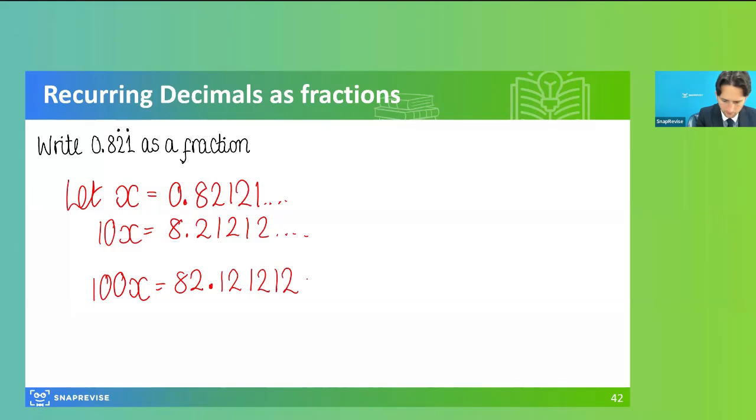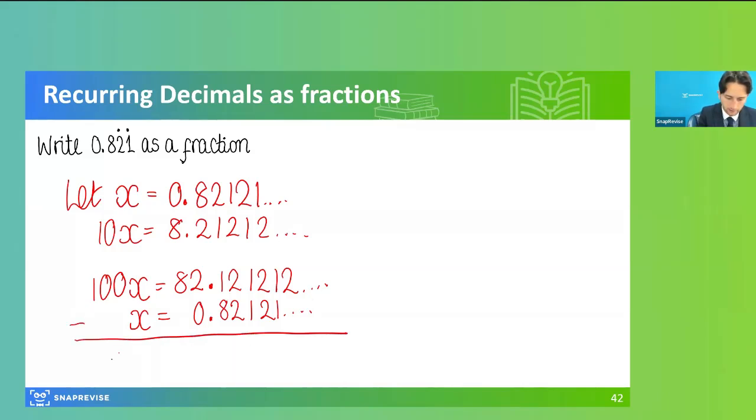100x would be 82.1212, and so on, recurring. So if I look at 100x and x, 82.12121, and 0.82121, and so on, and I subtract them from each other, I get 99x equals, and then 82.12, and so on, minus 0.8, and all this infinite mess of 2's and 1's are going to cancel each other out.